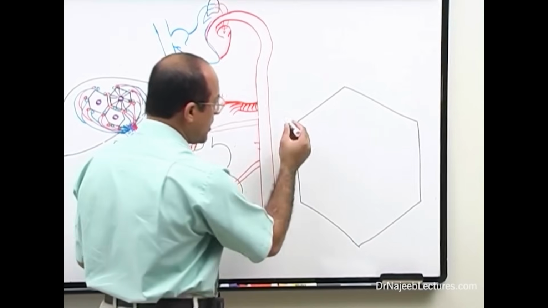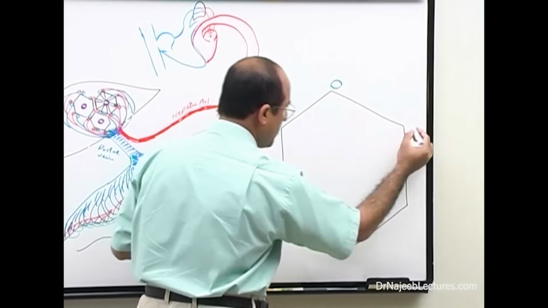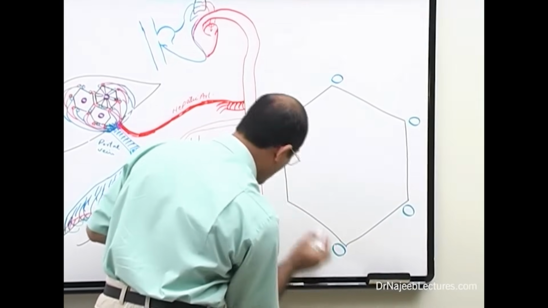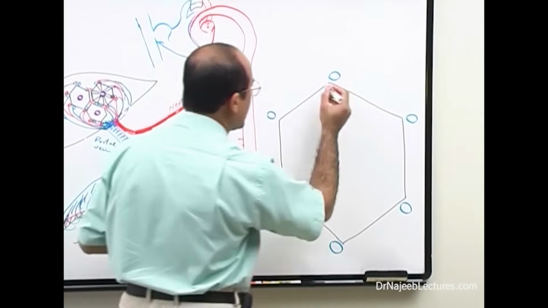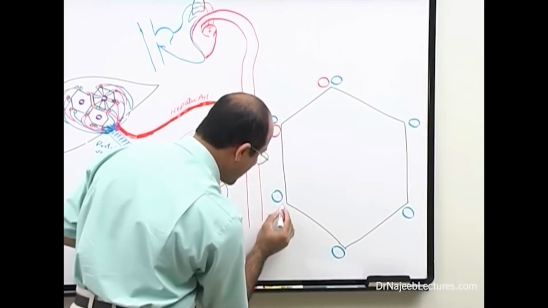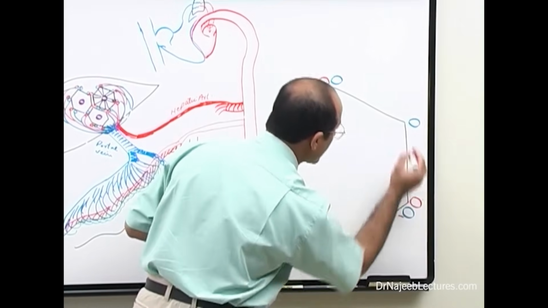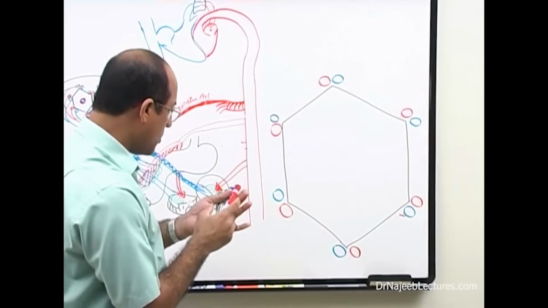Now, at every corner, what are we having? Yes, please. A branch of a portal vein, and with that we have one arterial branch from the hepatic artery. And you know how they have come over there, isn't it? Is that right?